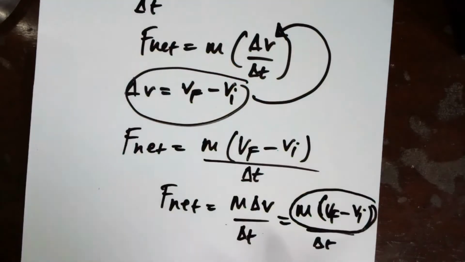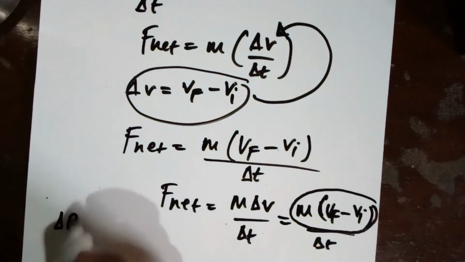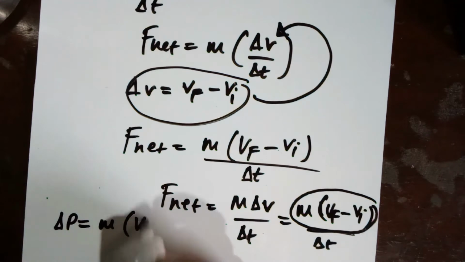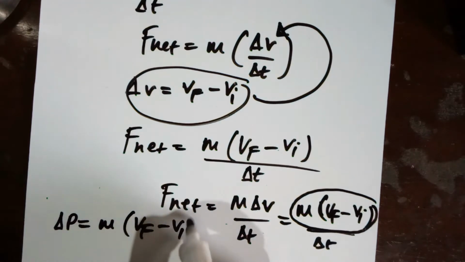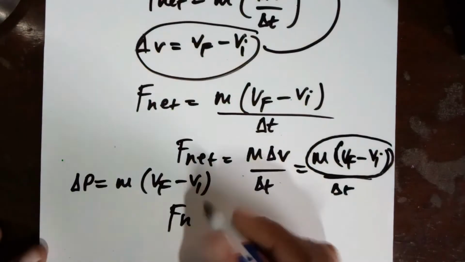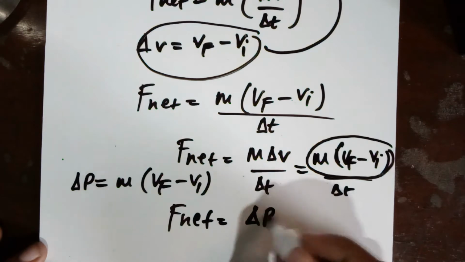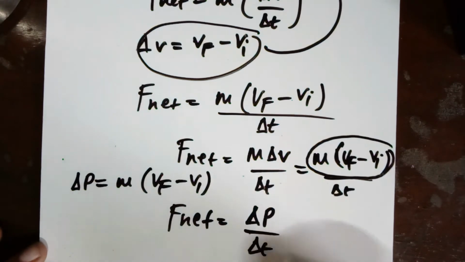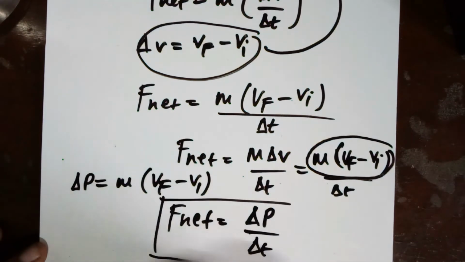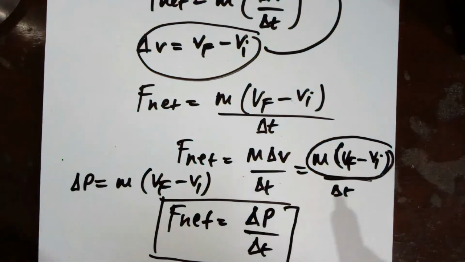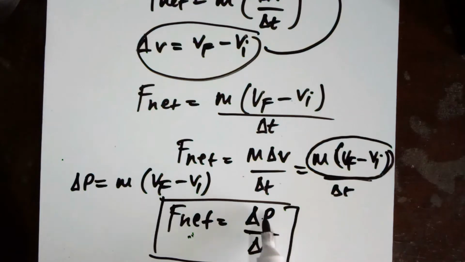Remember we did say that the change in p is m (Vf minus Vi). So this equation can actually be written as change in p over change in t. Now we have written Newton's second law of motion in terms of momentum. But what does it mean?